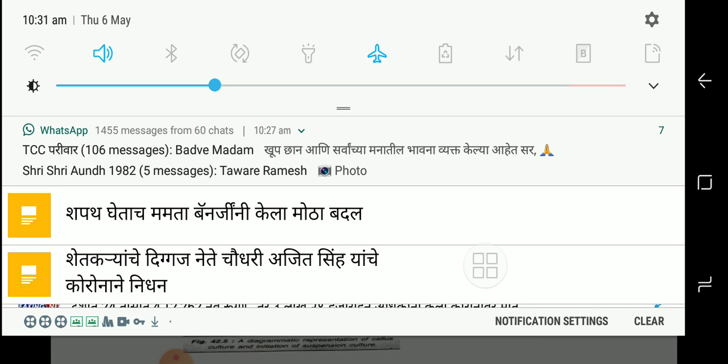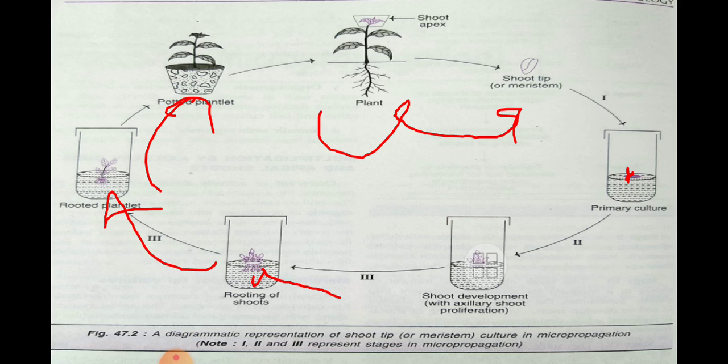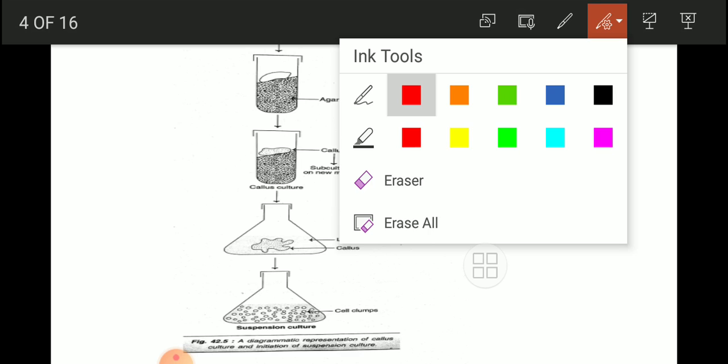Here, why have I shown the diagram of micro propagation first? Right now we have to get an idea about how the callus culture is developed. Keep in mind, first of all we have to select a surface sterilized explant.